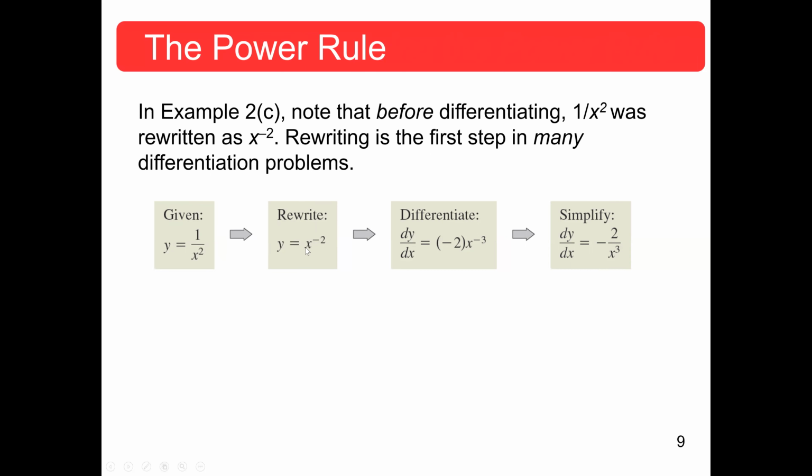Then it's easy to use the power rule. So you get x to the power negative 2. Then we differentiate it. We have negative 2 as the coefficient of x. Then negative 2 minus 1, which gives us negative 3. Then we can rewrite it to change the negative exponent to positive.